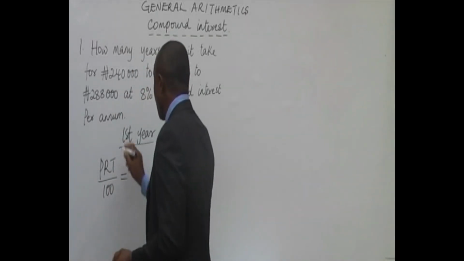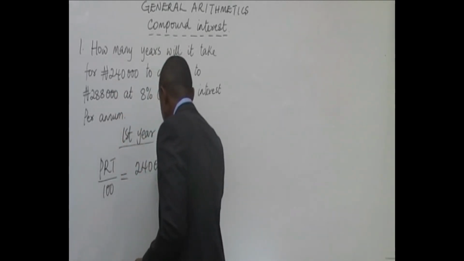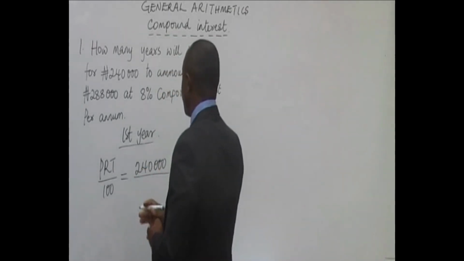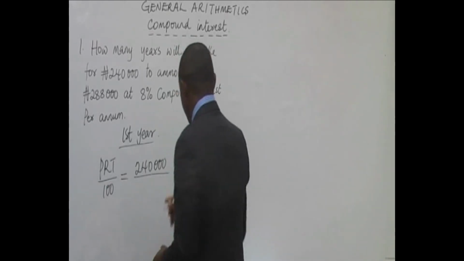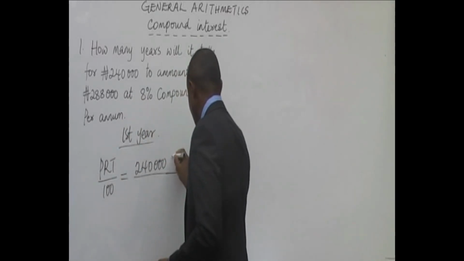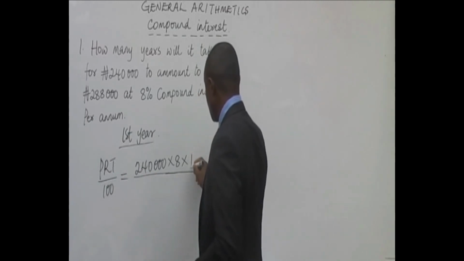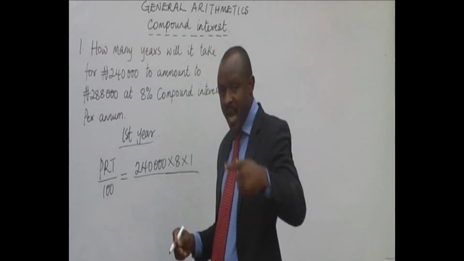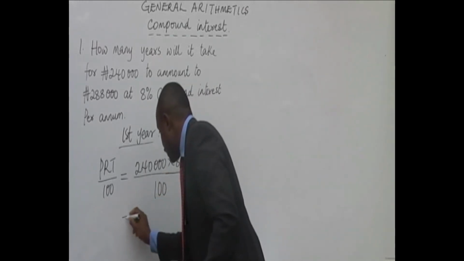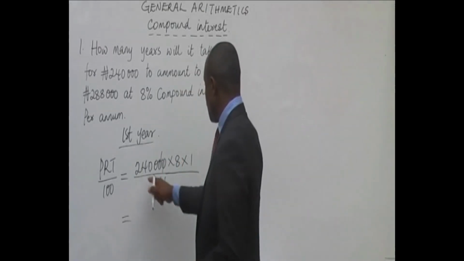Our principal is 240,000, times the rate, which is 8%. The time is always 1 because you're compounding it every year. Then all you have here is divided by 100. You can cancel the 2 zeros. So you have 2,400 times 8.